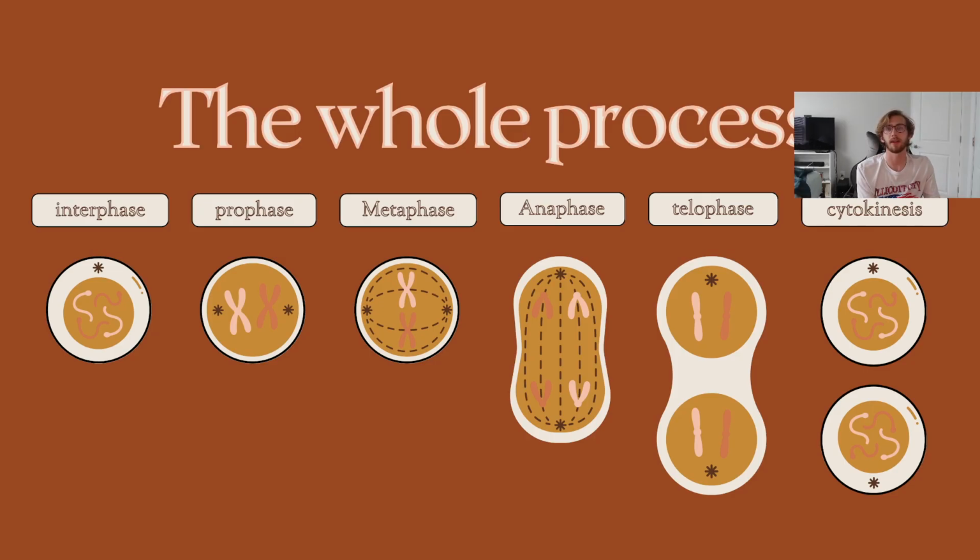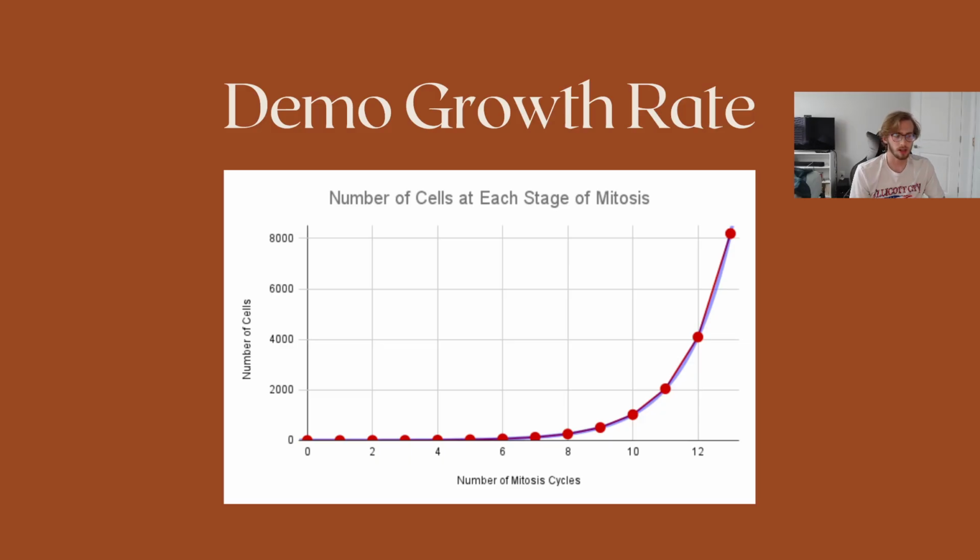So here's a diagram of the whole process. As you can see, over here, you start with one cell, and then it splits, and here you have two cells. So this is, for those of you who know about, in computer science, it is O of n time.